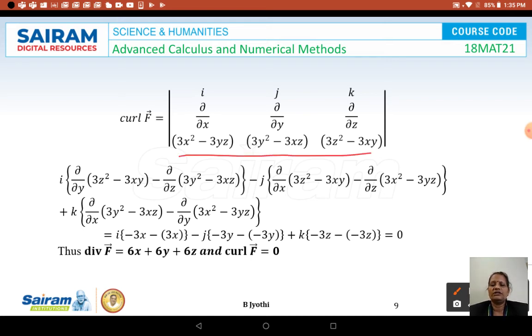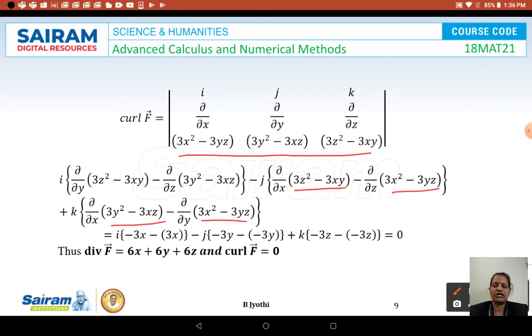So, when we do the determinant, what we get here is i times (dou by dou y of (3z² − 3xy) minus dou by dou z of (3y² − 3xz)), minus j times (dou by dou x of (3z² − 3xy) minus dou by dou z of (3x² − 3yz)), and plus k times (dou by dou x of (3y² − 3xz) minus dou by dou y of (3x² − 3yz)).